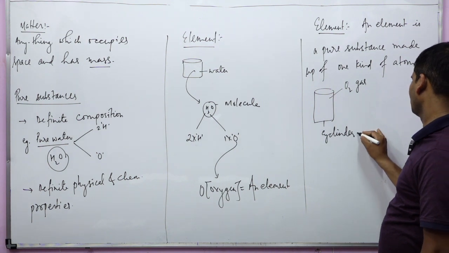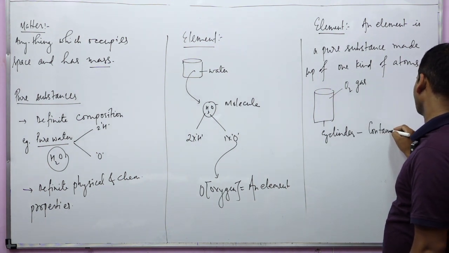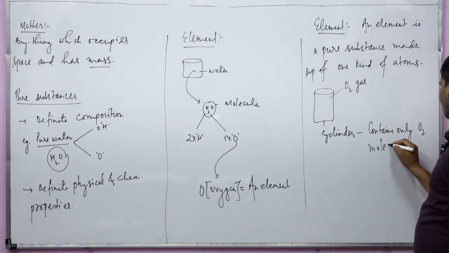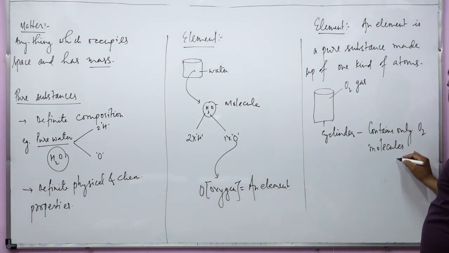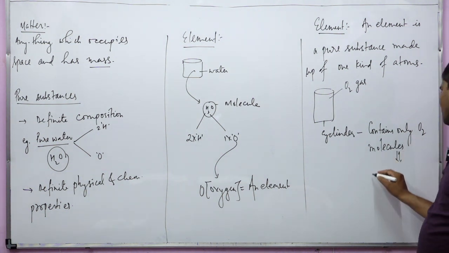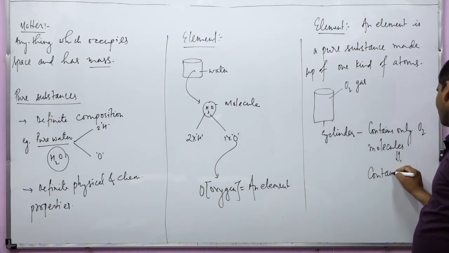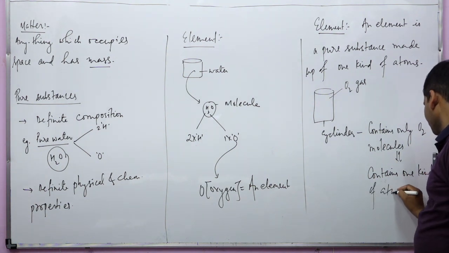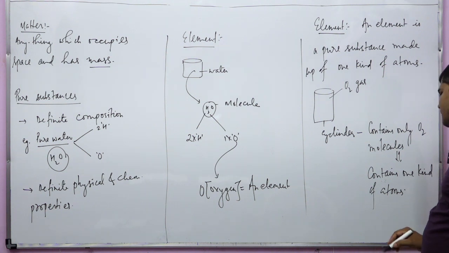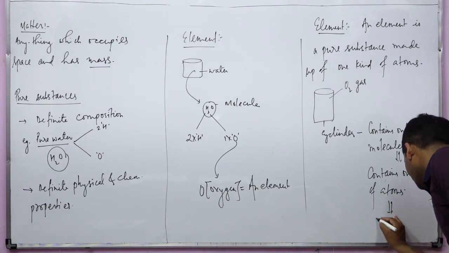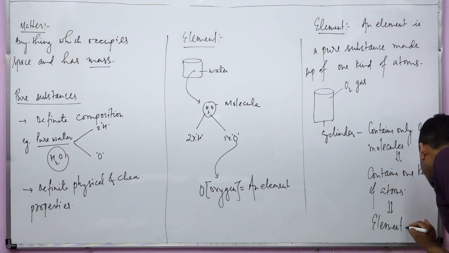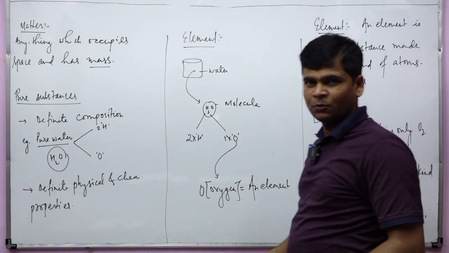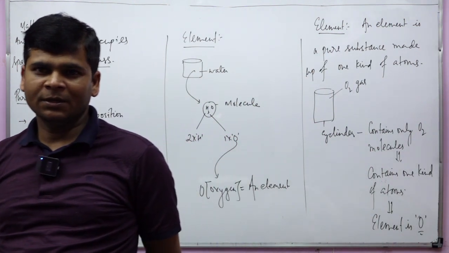What does it mean? The cylinder contains only oxygen molecules. In other words, we may say that it contains one kind of atoms. So which element is it? That element is oxygen.